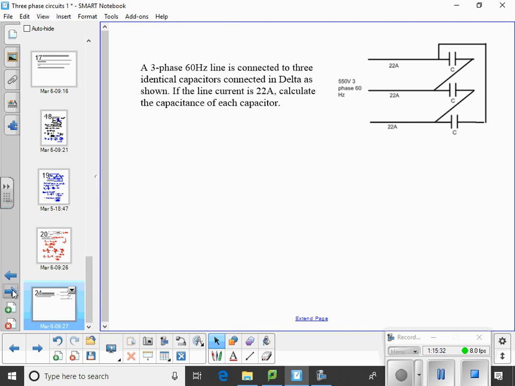So if the line current is 22 amps, calculate the capacitance of each capacitor. (22 amps, 550 volts).